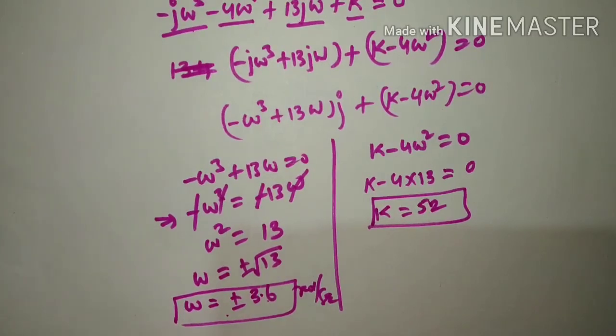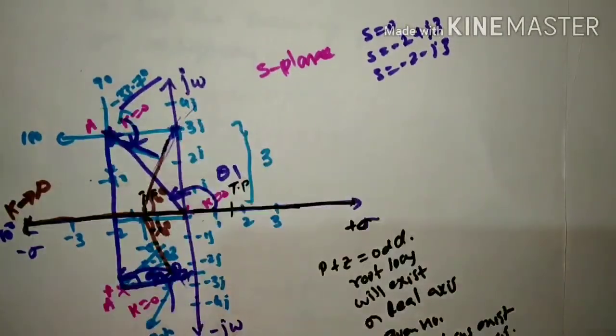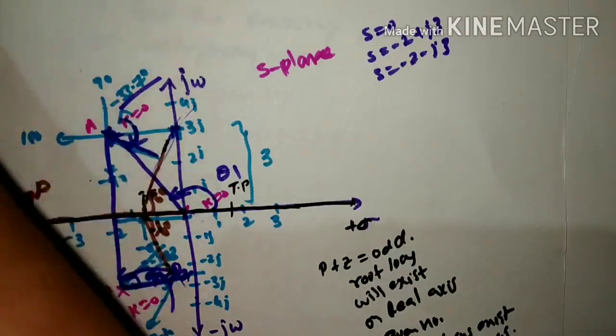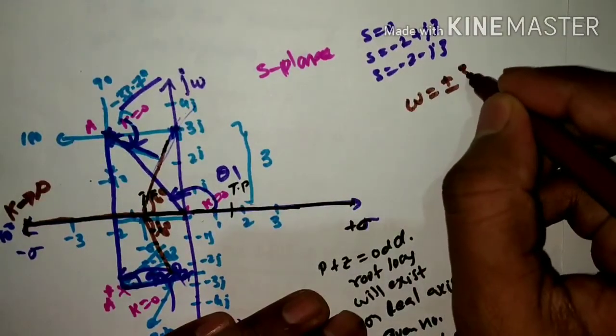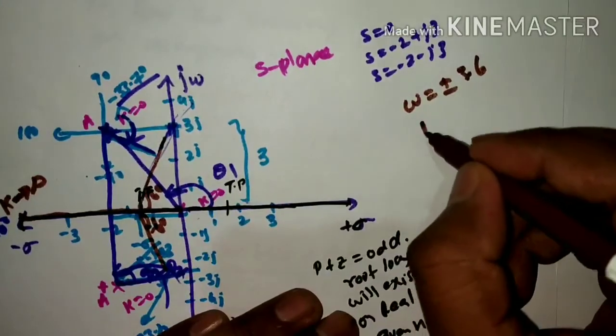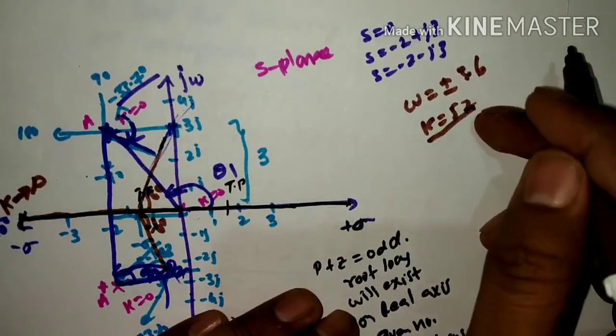So omega is equal to 3.6. So where is 3.6 here? Your omega is plus or minus 3.6 and k is equal to 52. At k is equal to 52, omega is equal to 3.6.